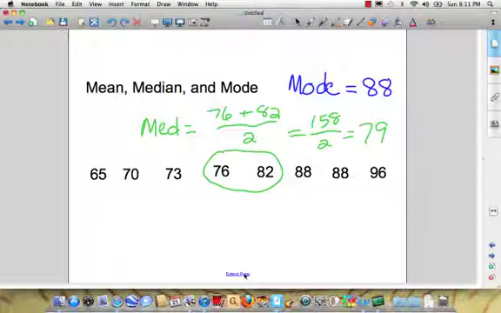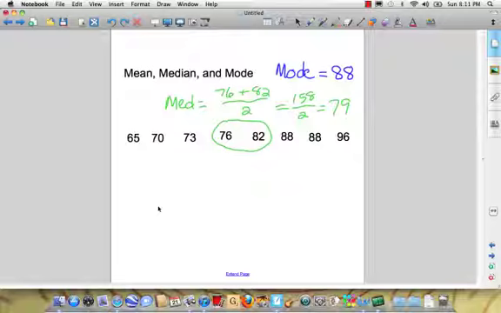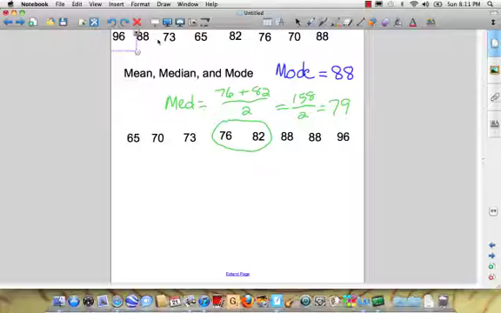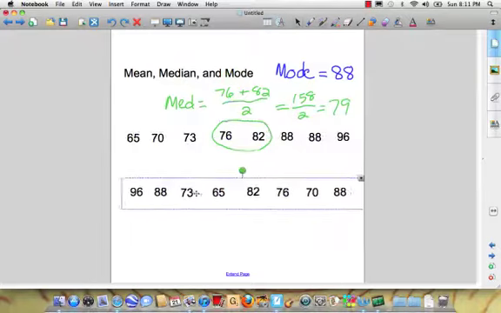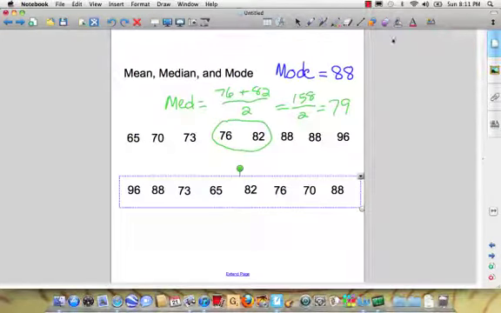Okay, so mode occurs most frequently, median is the one right in the middle, and mean is what we often just call the average. In order to find the mean, you take the set of numbers, so let's group them all together here. So we're going to take the whole set, and then here's what you do to find the mean.